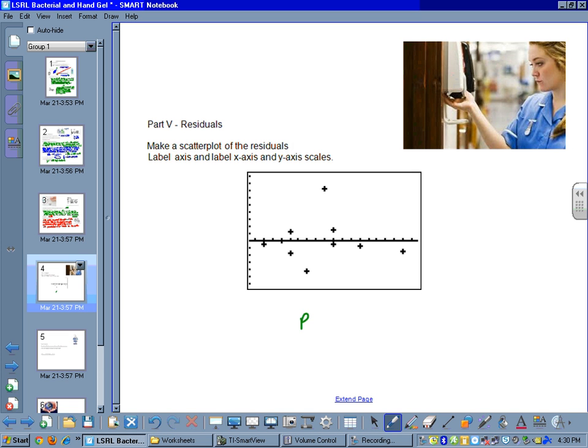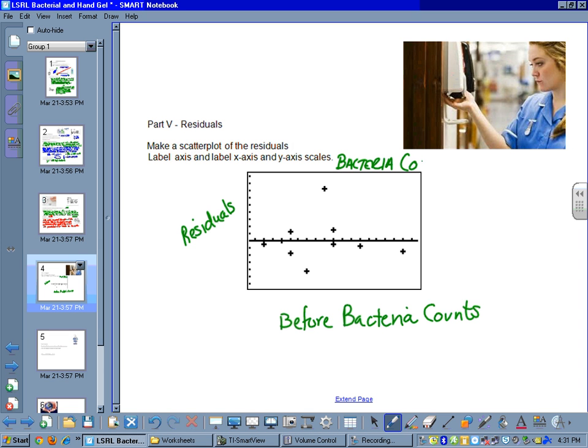But down below we have before bacteria counts. And this is going to be my residuals. And this is our bacteria colonies.